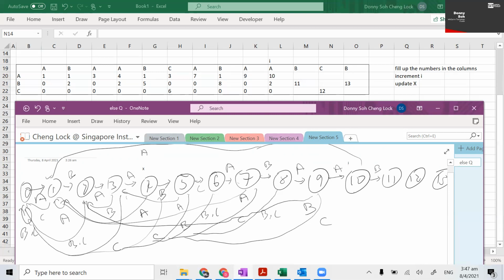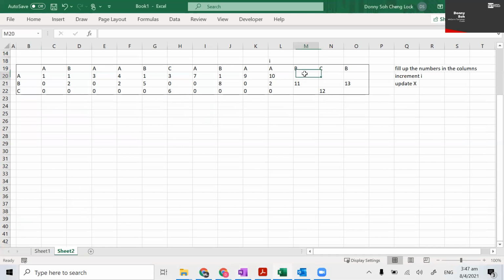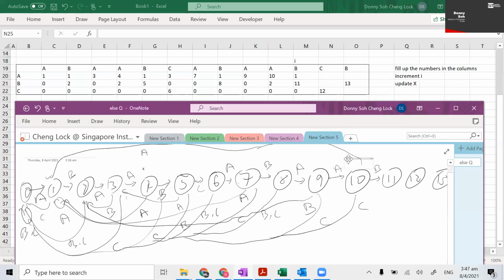It will go to 0. So A, it will go to state 1. This will be 0. Update my I here. Okay. Now I check my X. What happened to X if I see a B? It will go to state number 5.